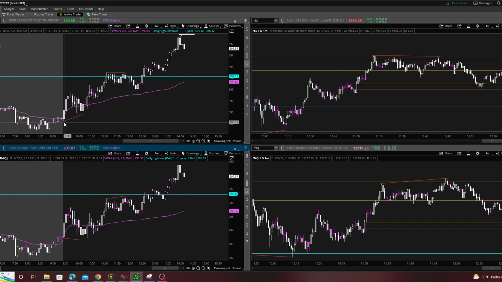So, for instance, if ES went outside day to day and NQ did not, tomorrow I would be looking for a scalp for NQ to take out Monday's or Tuesday's highs, based on the fact that they like to play catch up, or they like to keep everything aligned. But in terms of intraday, there's usually a nice clue in terms of divergence as to where they're going to take the market.